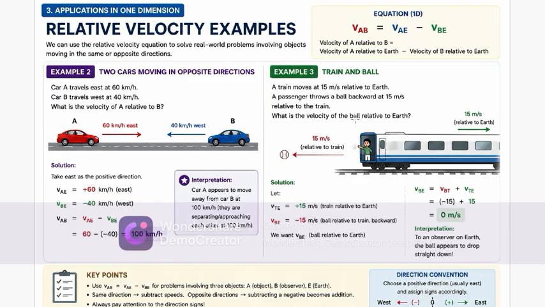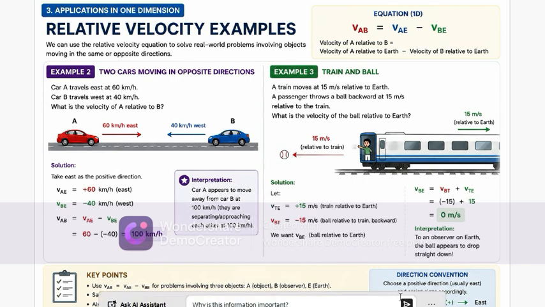We are asked to find the bow relative to Earth. So how do we find it? Bow relative to Earth equals bow relative to train plus train relative to Earth.